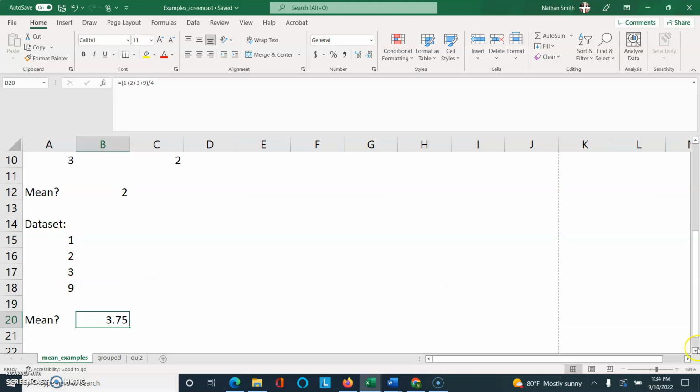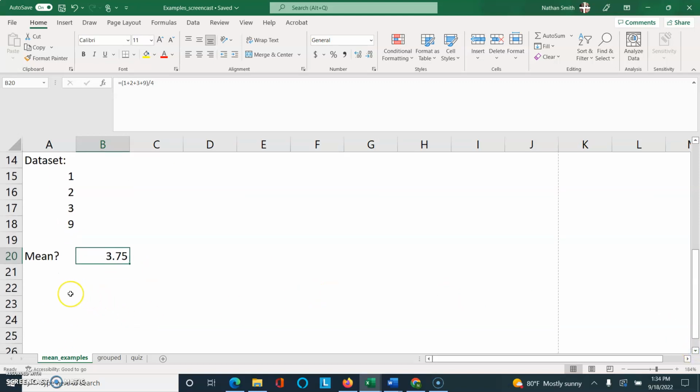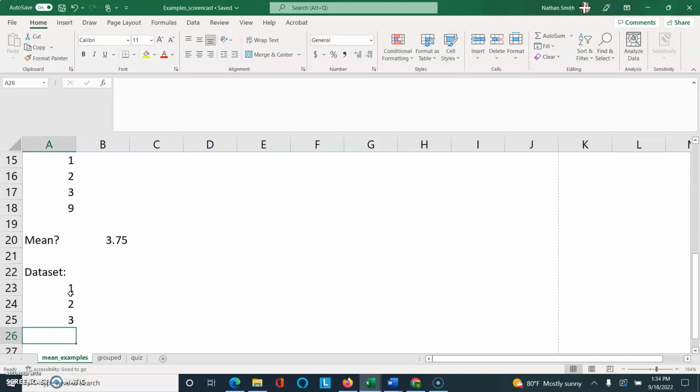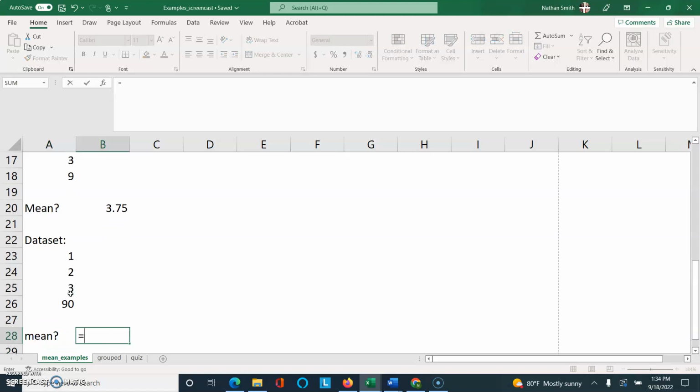Now, one issue with the mean is that it will always vary if the values of the data set change. We could argue that that's actually a negative. So for example, let's take a look at this data set. Let's suppose I have a 1, 2, and 3 again, but now I decide to create what we call an outlier. Let's call this 4th data point, and give it the value of 90. Let's practice running the mean again. Add up the numbers. Divide by the number of numbers.